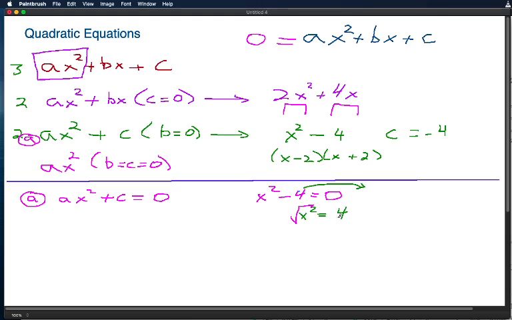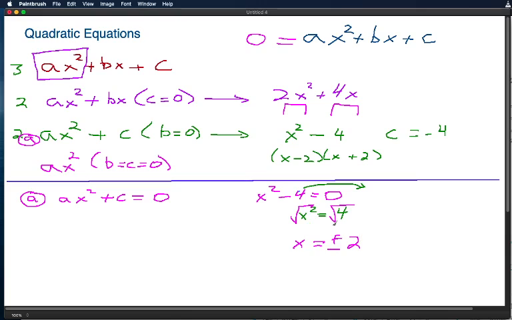In order to do that, we square root both sides. If you ever square root a variable squared, you get its letter on its own. The square is eliminated. And of course, if you square root 4, you should get 2. But with a square root, you have to remember that there is always a plus answer and always a minus answer.